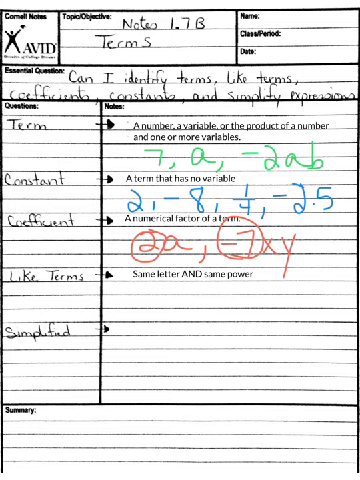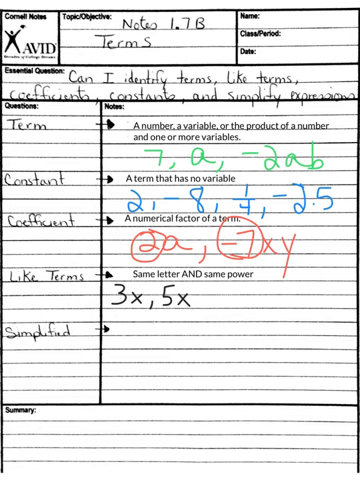So if you have like terms, you have to have the exact same letter and the exact same power. So for example, if I had 3x and 5x, those are like terms. They have the same letter and the same power. The power on these are actually to the first power because it's not written.